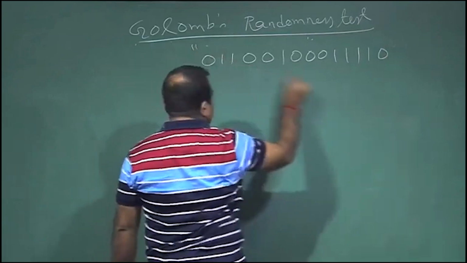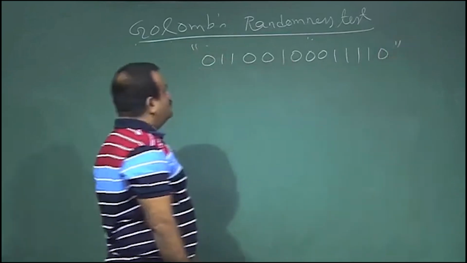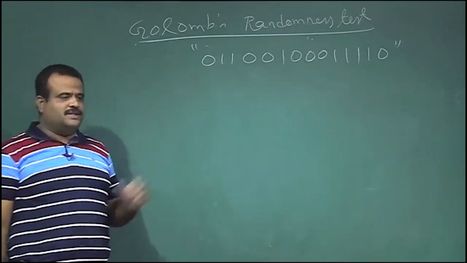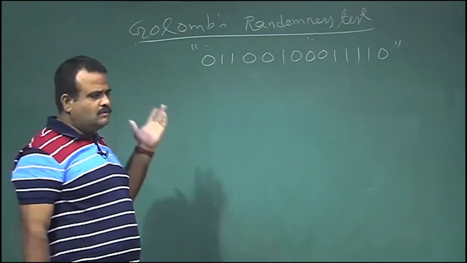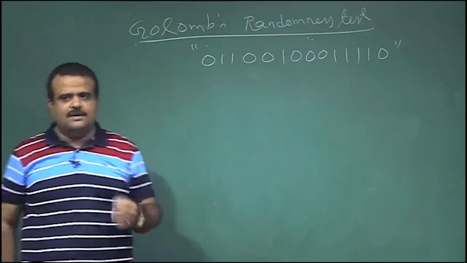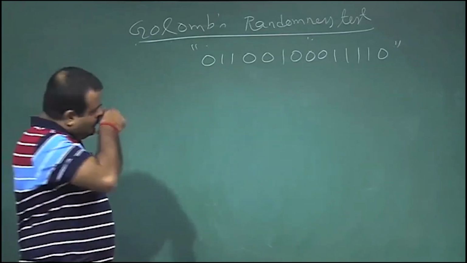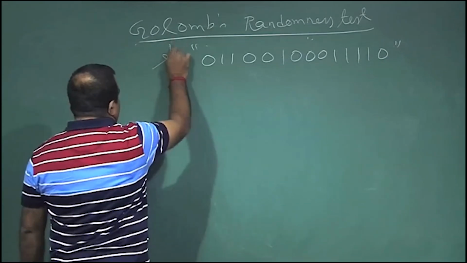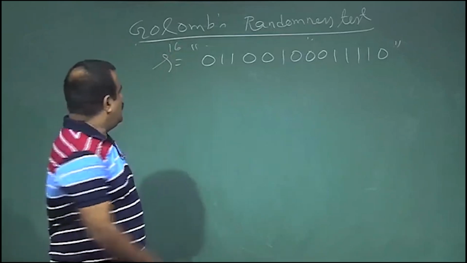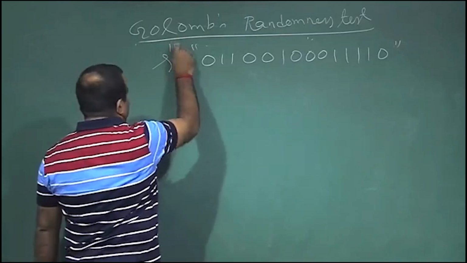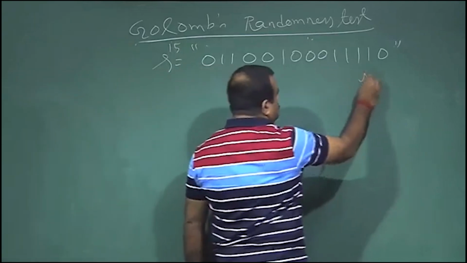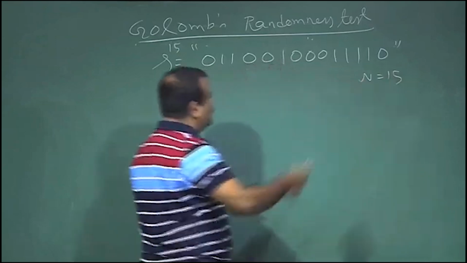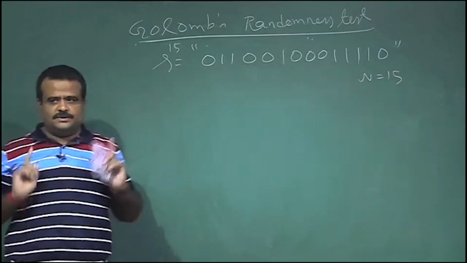So, this is a period of a sequence coming from a pseudo random bit generator. It could be an LFSR, we will come to know, it is basically coming from an LFSR. So, this is our sequence S and the period n is 15 over here. So, after that it will repeat again. So, we take a period of that sequence.